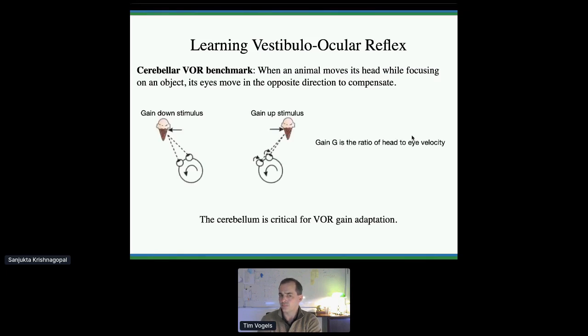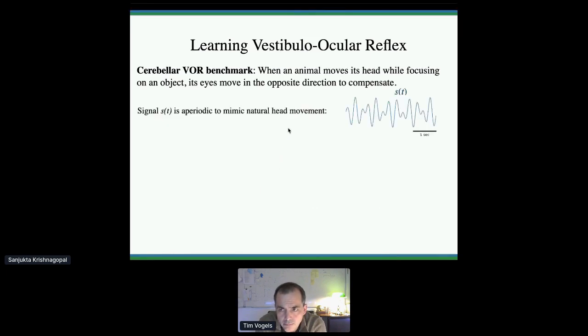The object can move in the direction of your head motion or in the opposite direction of your head motion. And then your eyes have to move a little more to compensate for the object moving as well. So this here is just moving the same direction. It's a gain down stimulus. Opposite directions, a gain up stimulus. The cerebellum is critical for VOR gain adaptation.